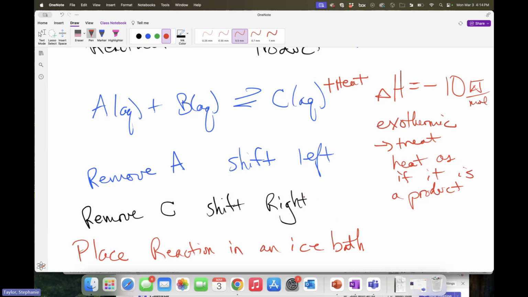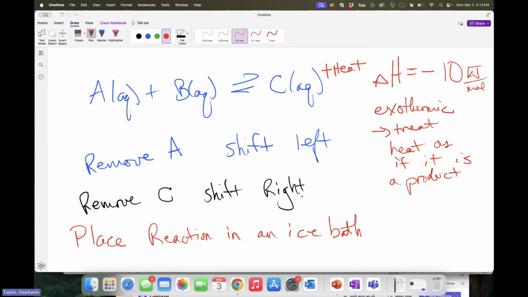That's what an ice bath does. Since I'm treating heat like a product, making the whole reaction cold is as if I was removing the heat. So I would expect this to shift right, towards the heat, since this is an exothermic reaction that happens to be on the right.